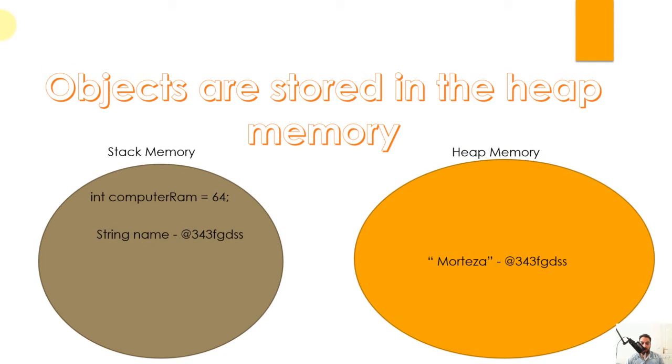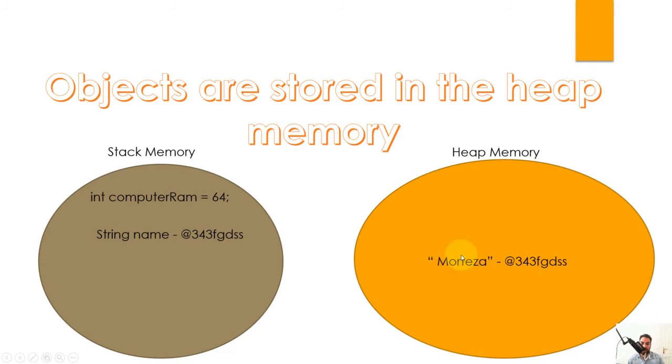So here you should know that when we create a variable of type String, which is a class, in that case the stack memory is going to hold a reference, only the address of this object that is actually stored in the heap memory. In the heap memory, we have the actual object.